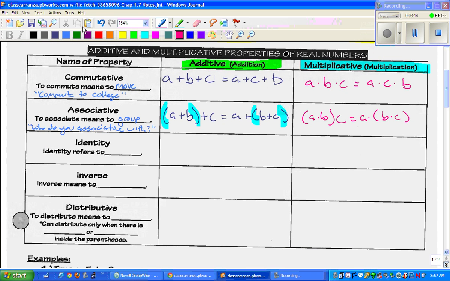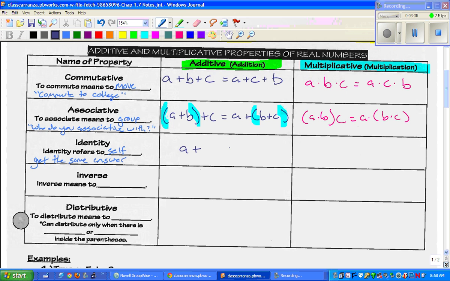All right, a couple more. Identity. Identity refers to yourself. When we're working with the identity property, you're going to get the same answer as you started.